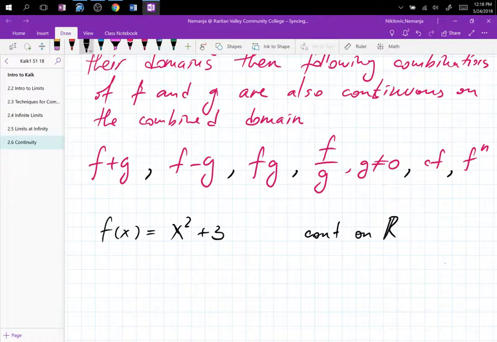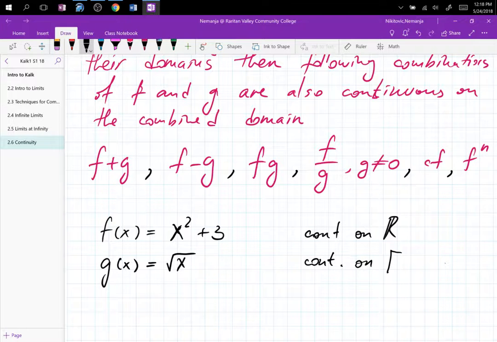So it's continuous everywhere because it's a polynomial. It's a theorem that we covered yesterday. And then g of x is, let's say, square root of x. Now, that is continuous on 0 to infinity because the domain of square root of x is 0 to infinity.